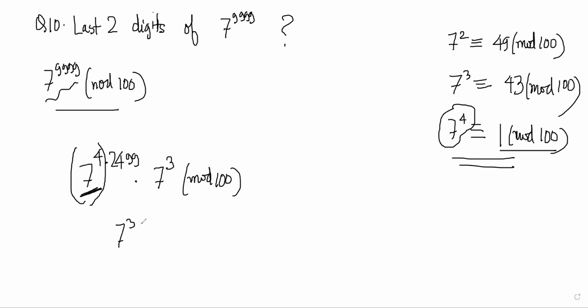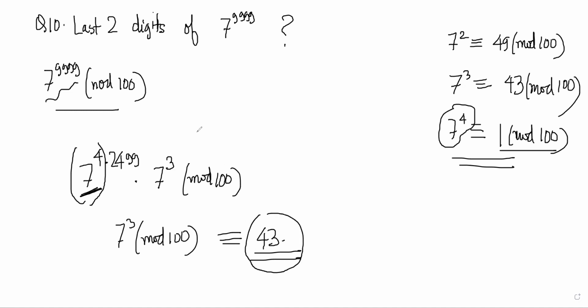So this becomes 7 power 3 mod 100, which is 343 mod 100, which is congruent to 43. I hope everybody is understanding what we are doing here. So we have basically figured out the last two digits of this expression, right? This number. Let's look at the next one.